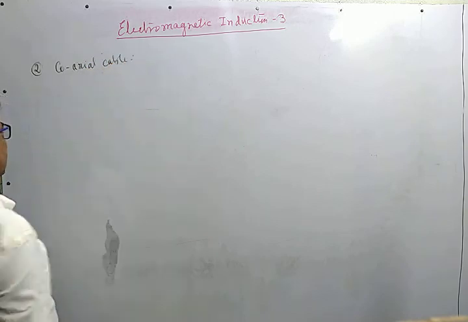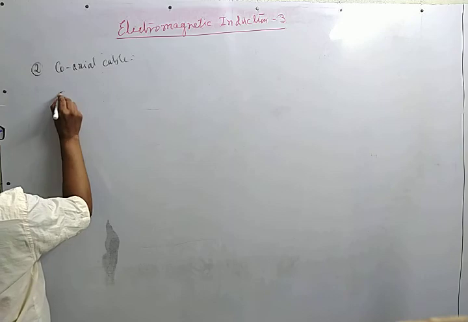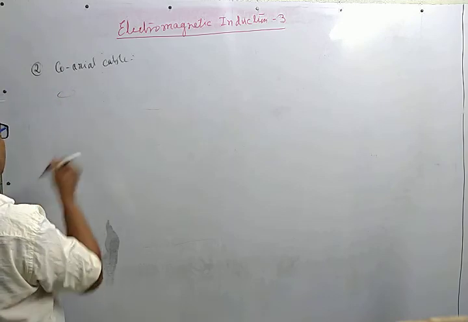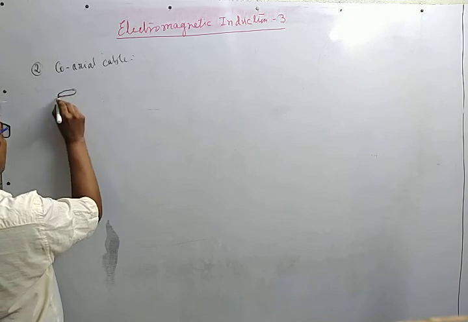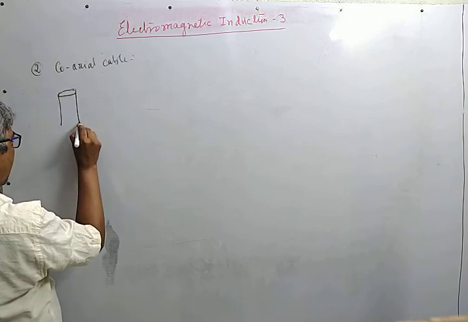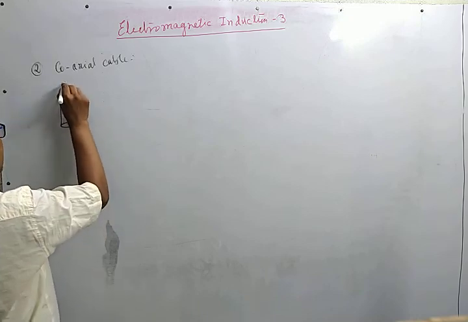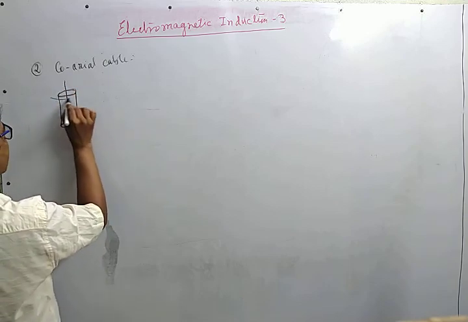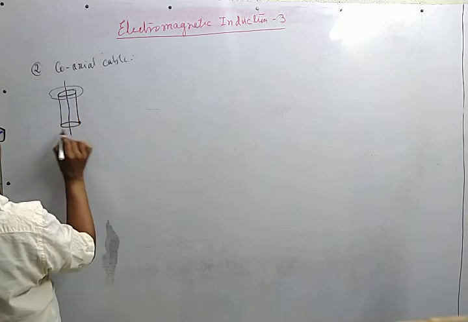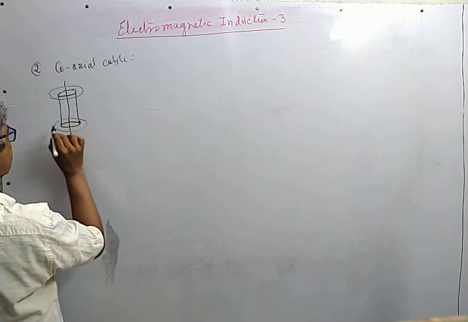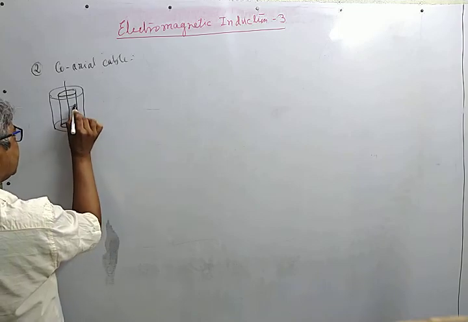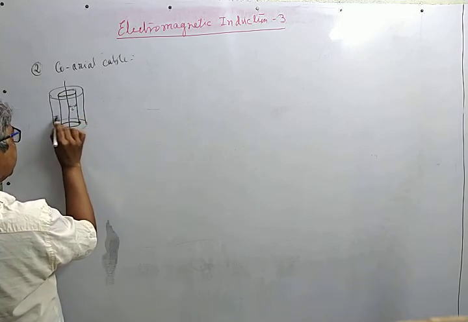As we have considered earlier, the coaxial cable consists of two concentric hollow cylinders, the inner one and the outer one. The inner one has a radius A and the outer one has a radius B. So this much is A and this much is B.